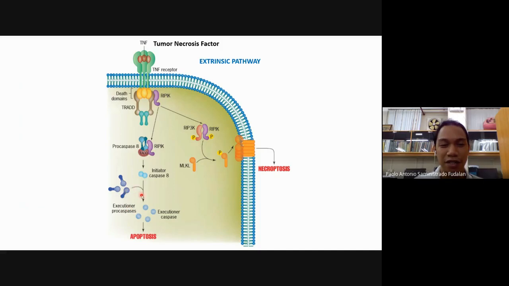And when the executioner caspases are activated, they cause the apoptosis of the cell, the planned cell death. So this is actually an extrinsic pathway because the signal to die comes from the outside.